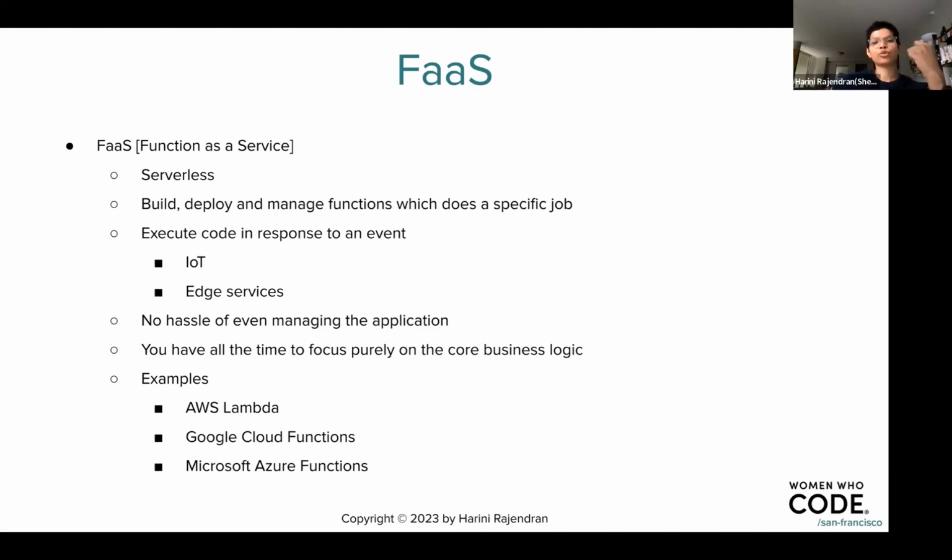Because it's super lightweight, because all you have to deploy is just a snippet of code. So even if you have to invoke it like millions of times per second, it would still be okay, and it's easy to scale at that level.